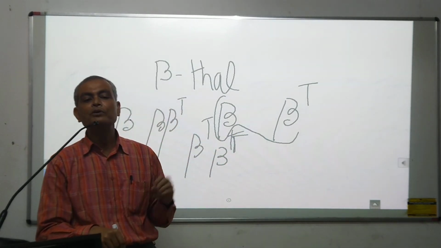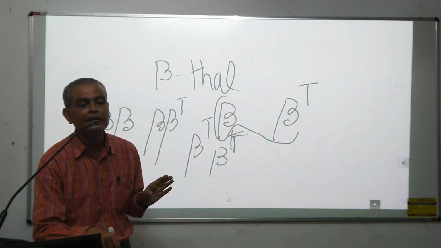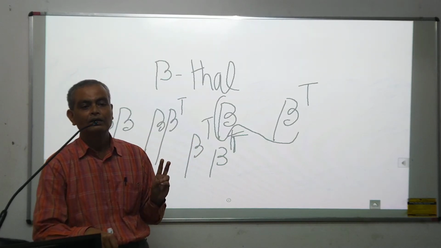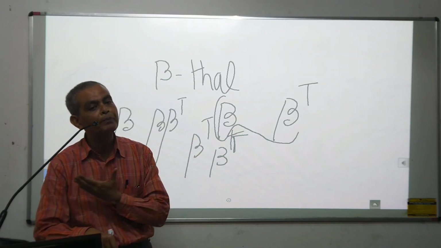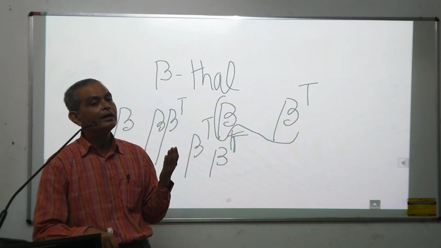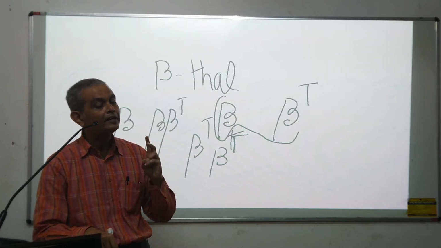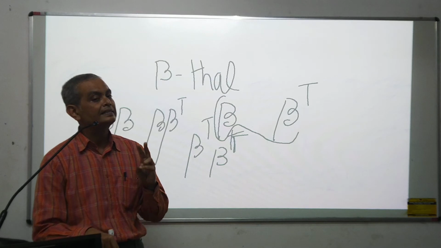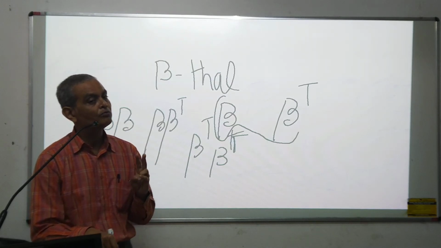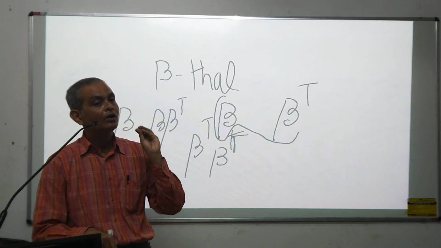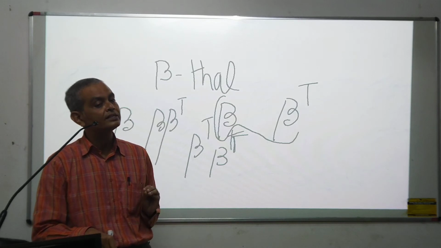So there are 3 possibilities. Either the person can be beta beta, so he or she is completely normal, or he or she can be beta thal beta thal, so both the genes are defective. So very little beta chain or no beta chain will be synthesized by them.